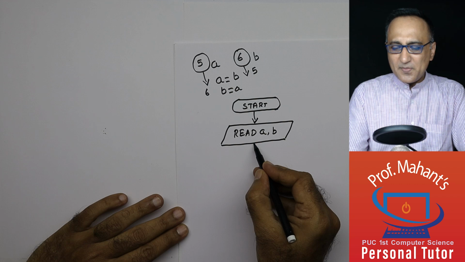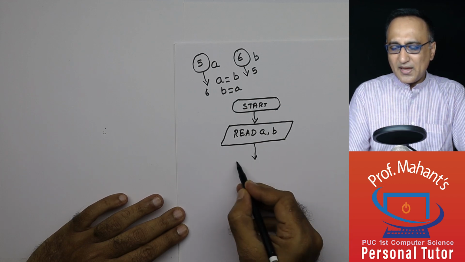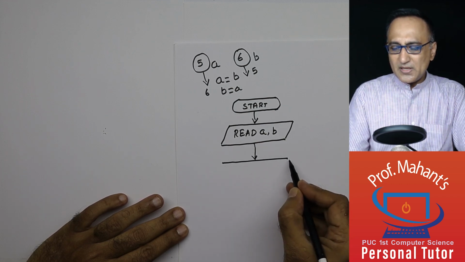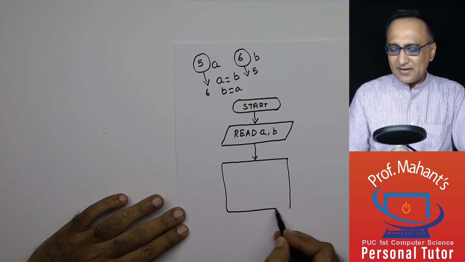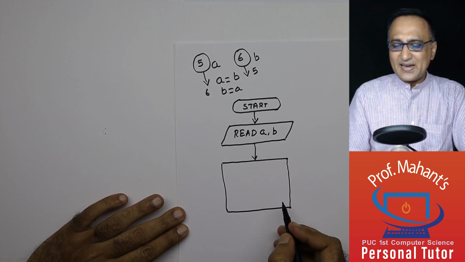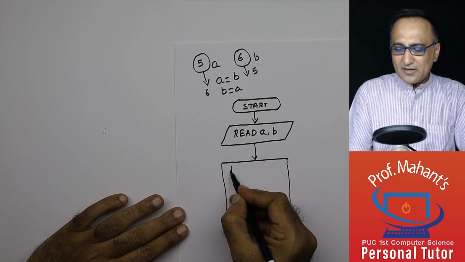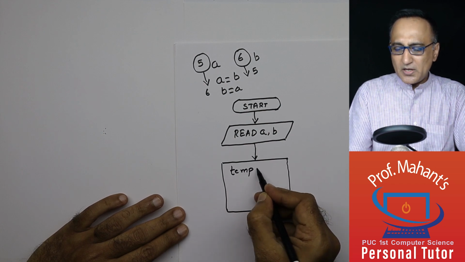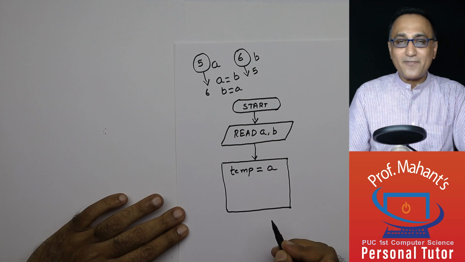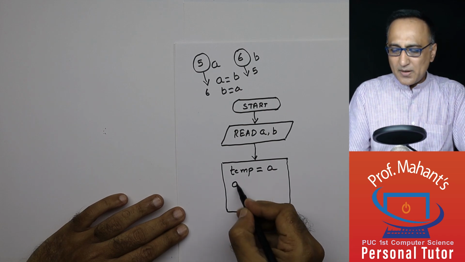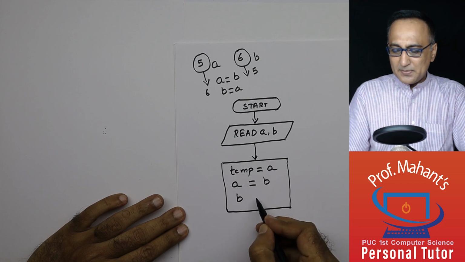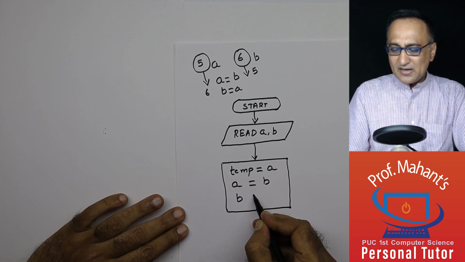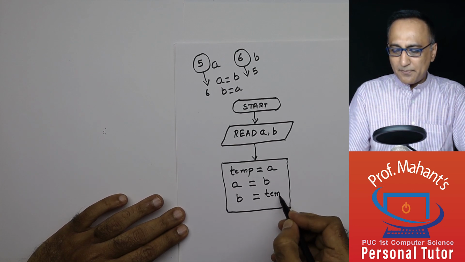Once we read A and B, then we can do the exchange. So now I am doing the exchange. So I am going to draw a box which is like a rectangle. So let us see what in this rectangle I am doing. I am saying first I am copying into a variable called temp the value of A. Now I am saying A is assigned the value of B and B can now be assigned the value of temp.